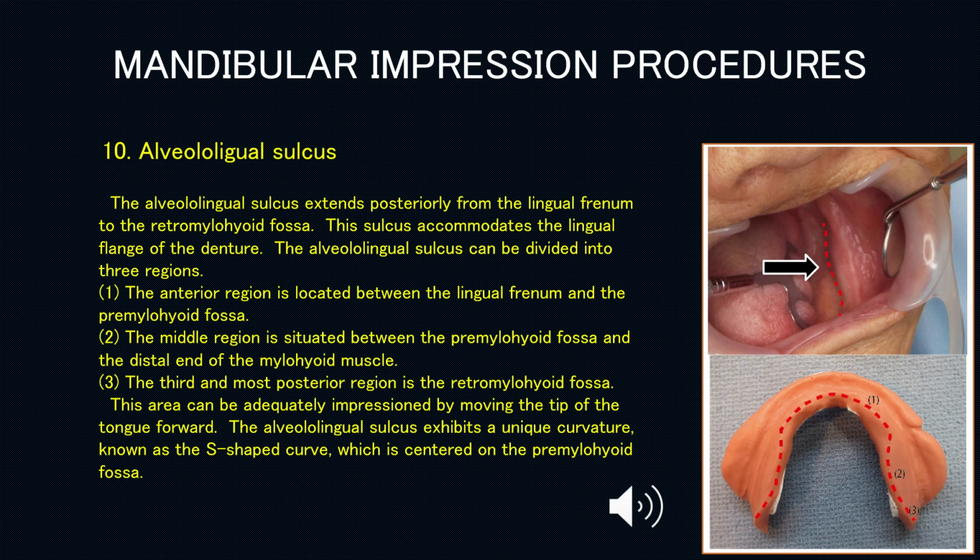The third and most posterior region is the retromylohyoid fossa. This area can be adequately impressioned by moving the tip of the tongue forward. The alveolo-lingual sulcus exhibits a unique curvature, known as the S-shaped curve, which is centered on the premylohyoid fossa.